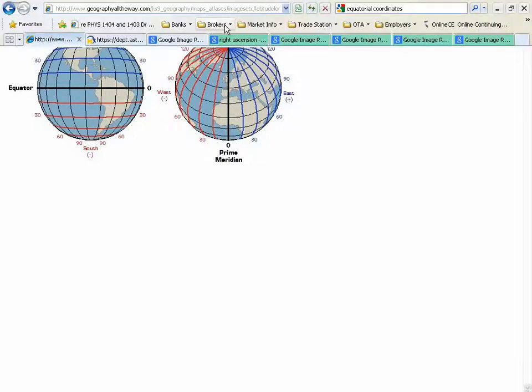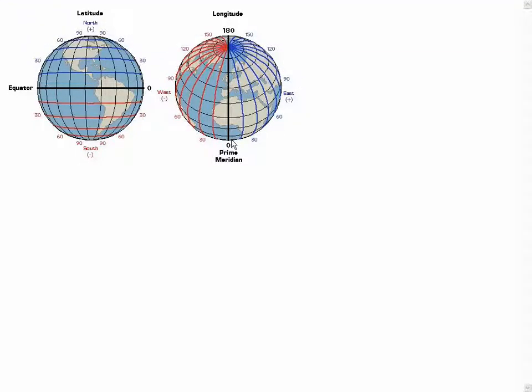Now longitude represents the distance east or west of the prime meridian, which runs through Greenwich, England. So by your longitude coordinate, you can tell how far east or how far west you are from that point.